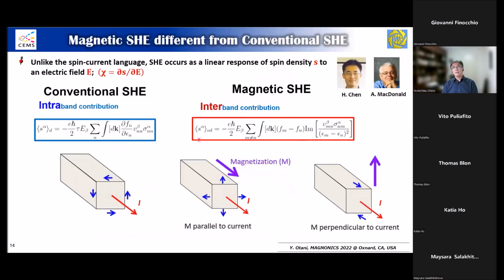Then we started to collaborate with Professor Chen and also Professor MacDonald's group, and we found that, compared with the conventional spin Hall effect, a magnetic spin Hall effect exists in this material, whose response is controlled by the magnetization direction with respect to the current direction. At the moment, our geometry is something like this. So we can expect perpendicularly aligned spin accumulation like this.